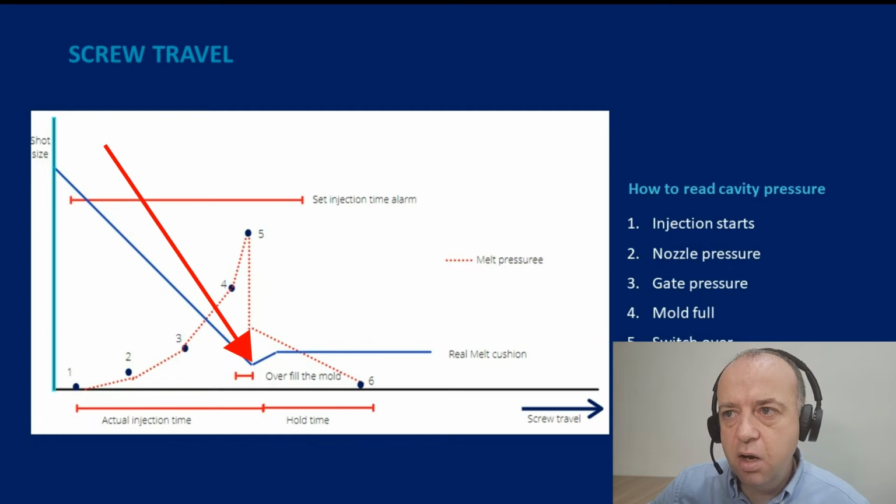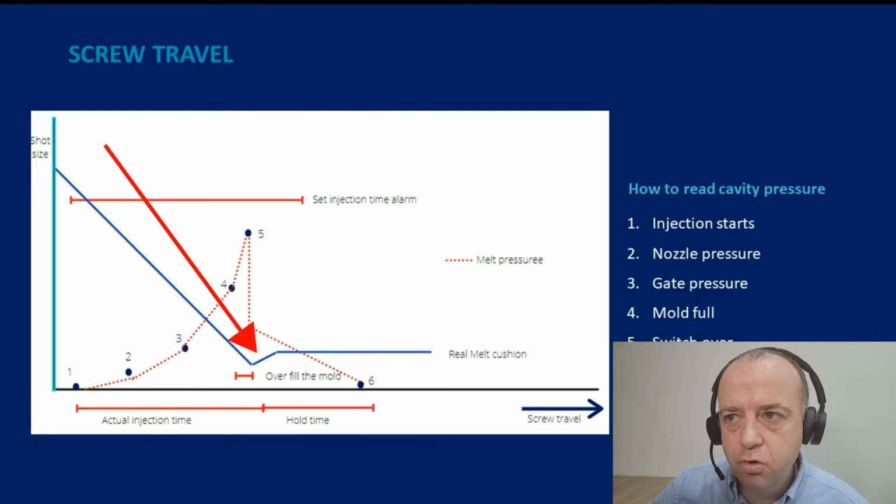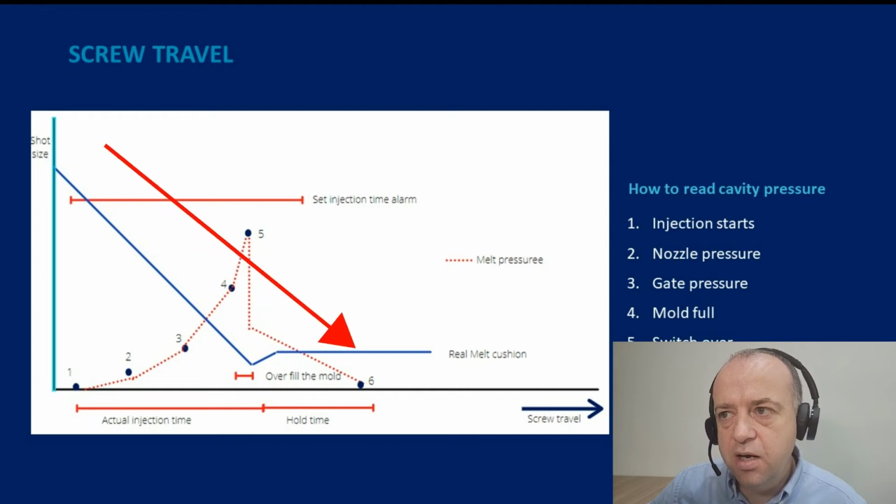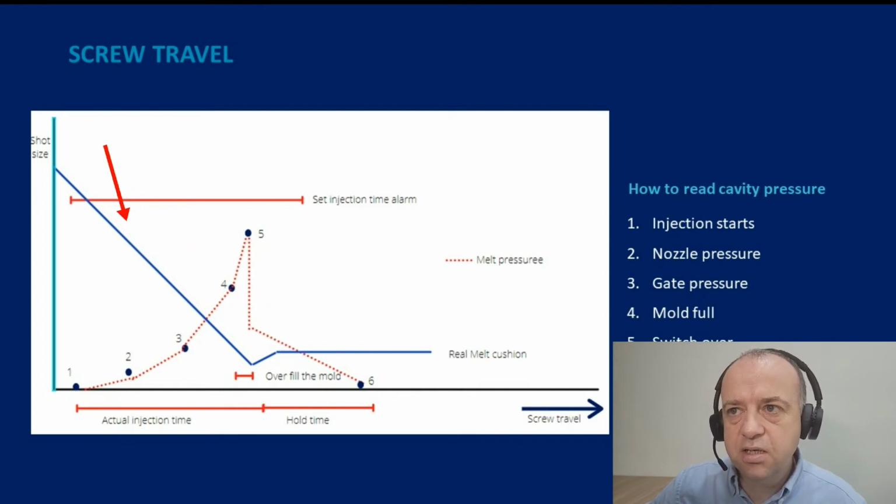And then once we switch over, you might get the screw bouncing back and moving back to, say, 11 or 12 millimeters and then holding at that. So that's the position curve of your screw. And you probably see them overlaid, the pressure and the position of the screw.